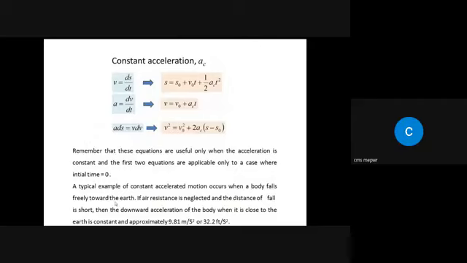If we neglect the air resistance and imagine the distance of fall is short, not out of the earth's gravitational field, then the downward acceleration of a body close to the earth is approximately 9.81 meters per second square, or 32.2 feet per second square, which is the gravitational acceleration. So the constant acceleration example can be free falling bodies.